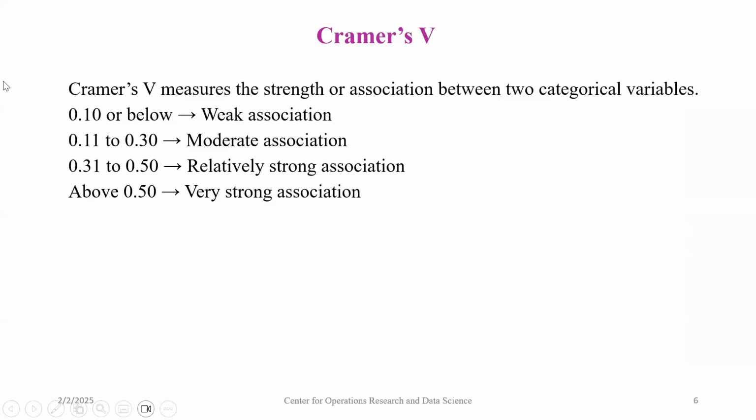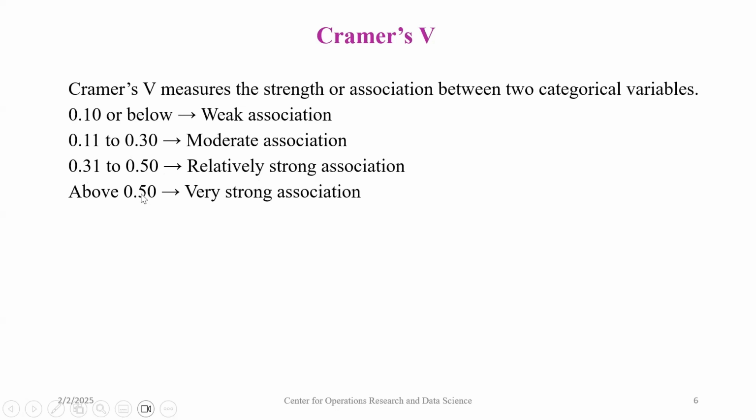If your Cramer's V is below 0.1, then we say there's a weak association between those two categorical variables. If it is between 0.11 and 0.3, then we say there's moderate association. If it is between 0.31 and 0.50, we say there's a relatively strong association.